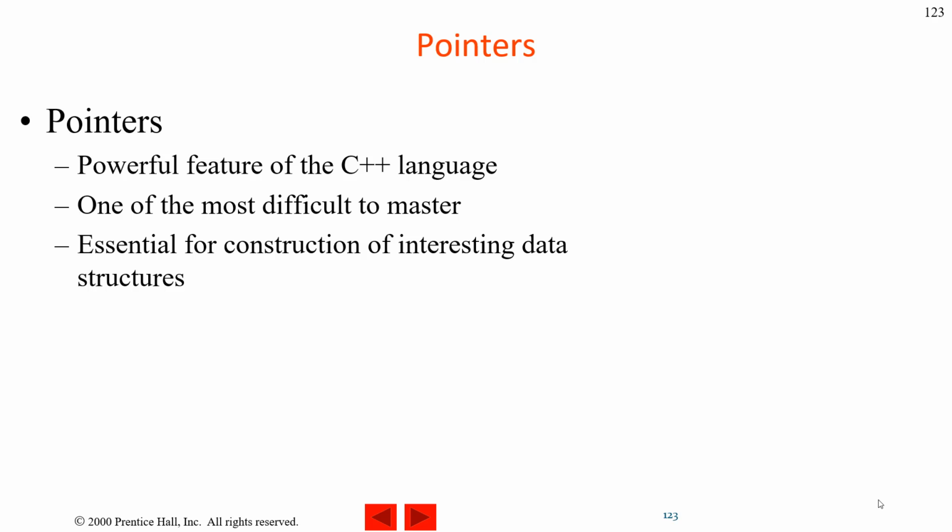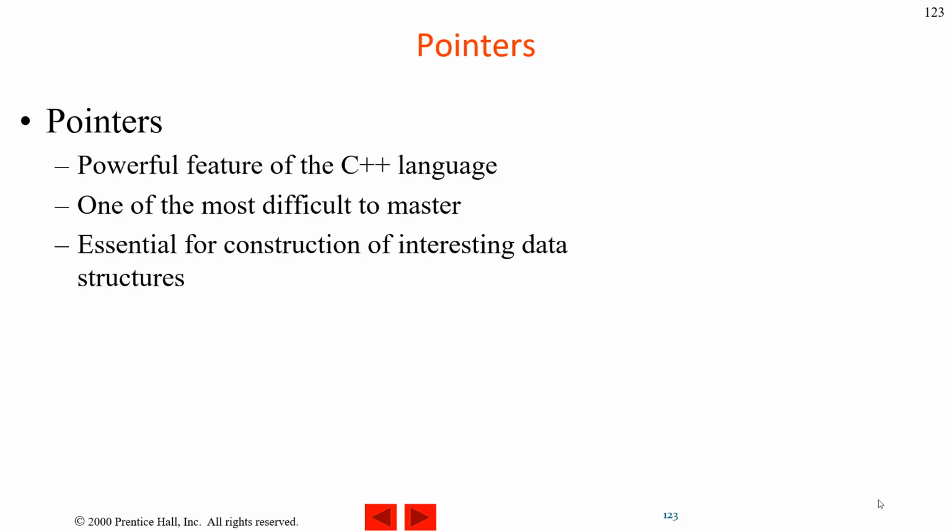Pointers are a powerful feature of the C++ language, because with pointers we are able to control the locations of variables. We can reference them, we can dereference them, we can assign the address of one variable to another, and many other things that are not possible using simple variables.